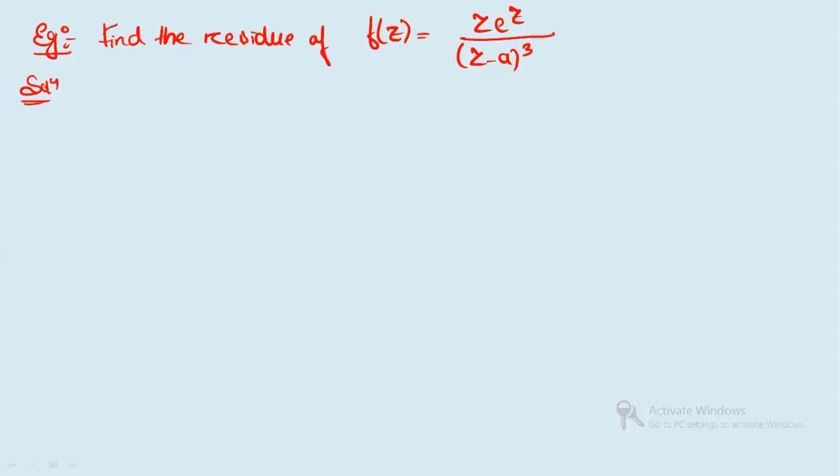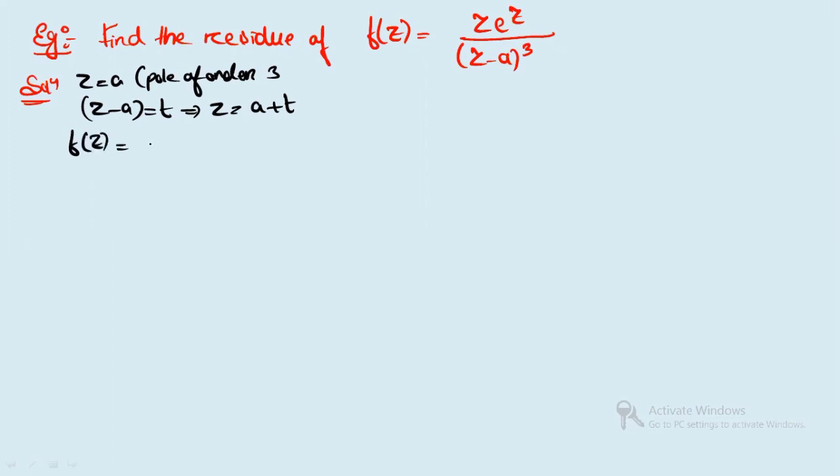Okay, so now let's see one example so that it becomes much clearer. First, you see z equals a is a pole of order 3. So first you put z minus a equals t, right? From here you can write z equals a plus t. Just substitute in the function.